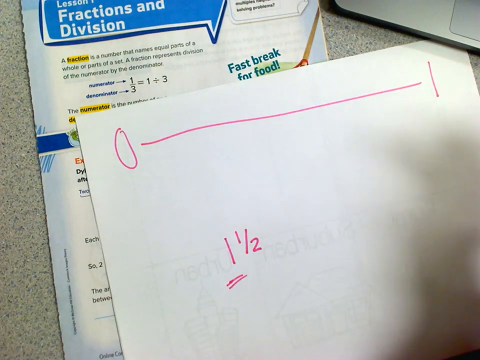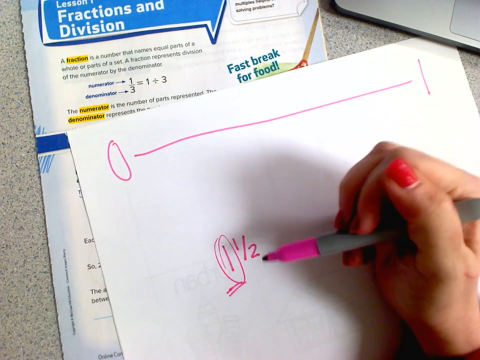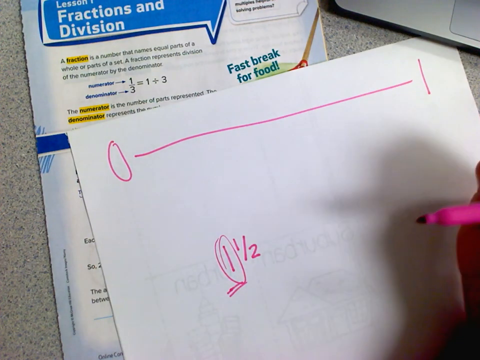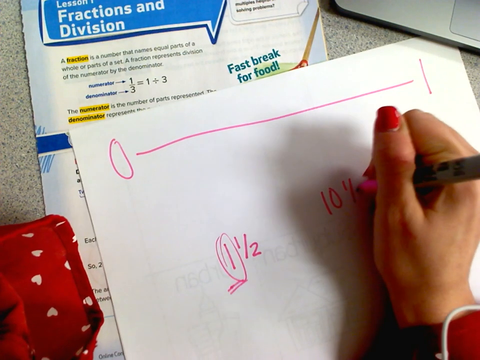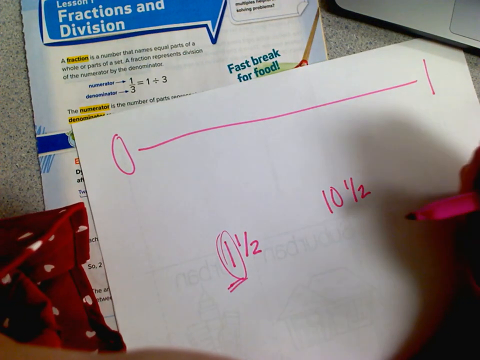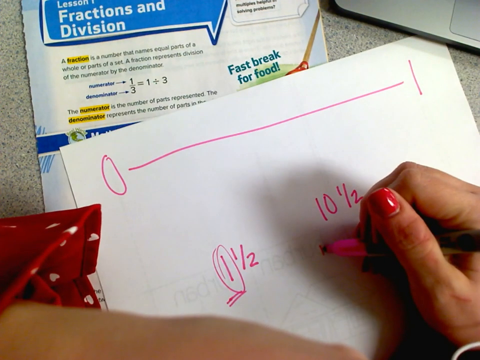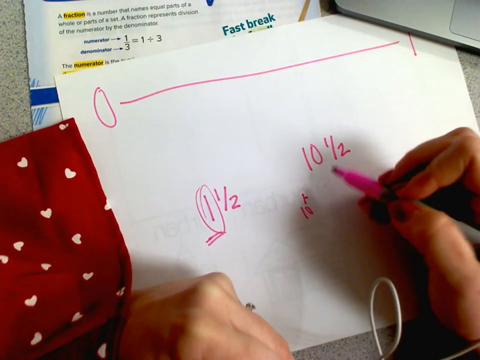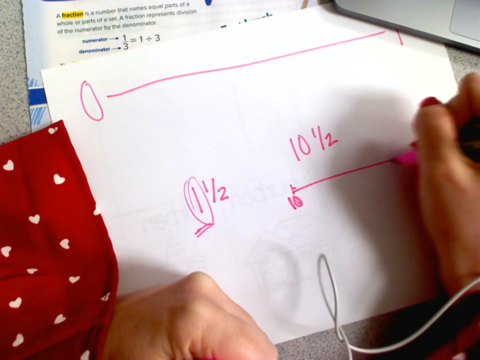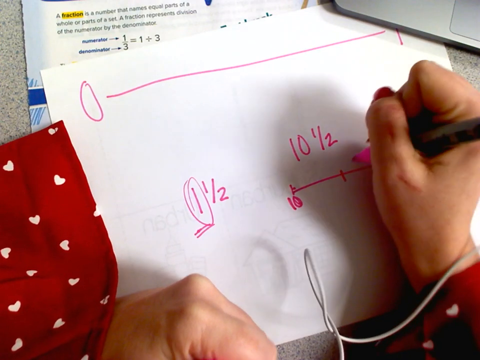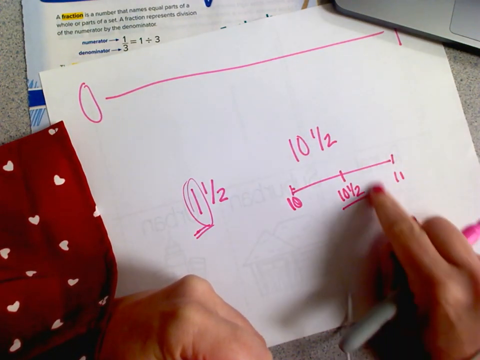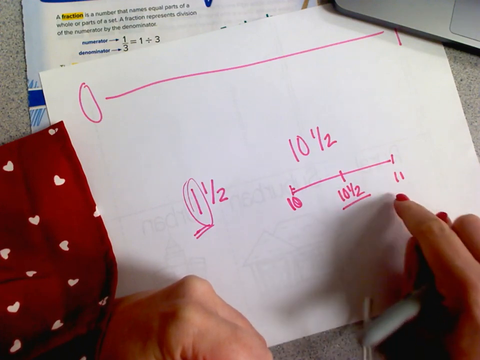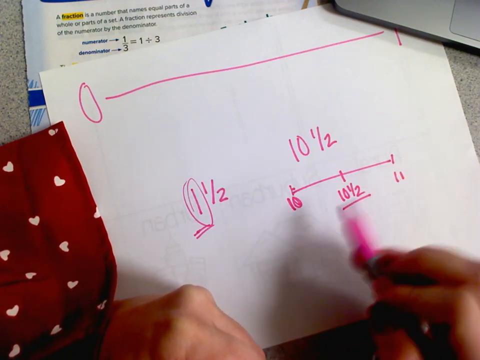If it was more than 1, then it would have a whole number with it. Just like you guys might be 10 and you might be 10.5. That means that you are in between 10 and 11. So here's where you are, 10.5. So your whole number is 10, and then you have a fraction because you're almost at the next number.